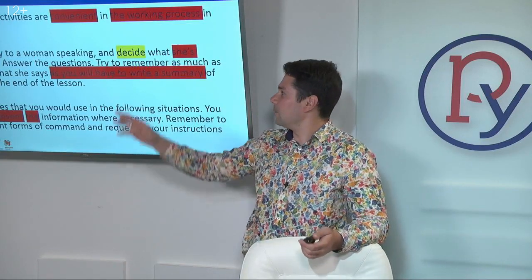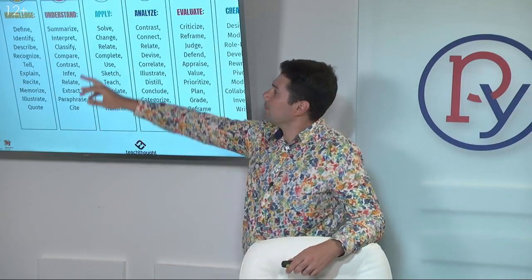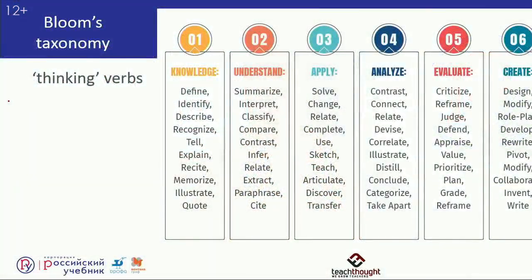Instead of using words like decide, I would recommend using words from Bloom's taxonomy. Bloom's taxonomy is research that is around 50 years old right now, and one of the most useful things from Bloom's taxonomy is that it offers a list of thinking verbs that are way more applicable in the teaching context.